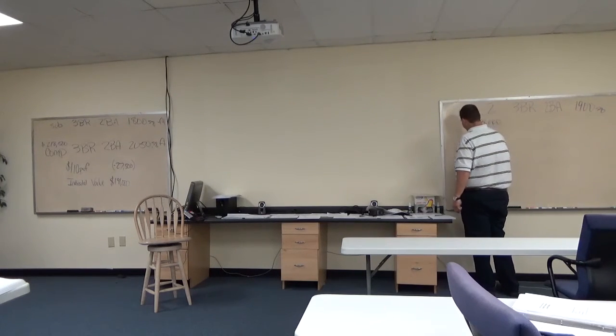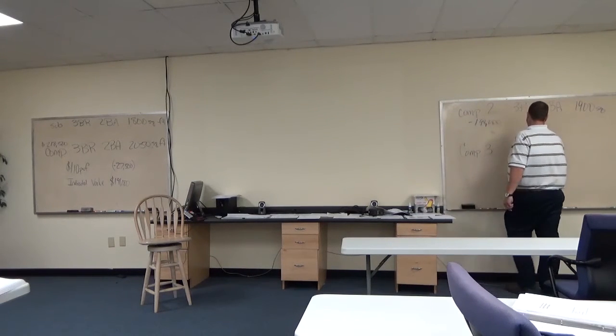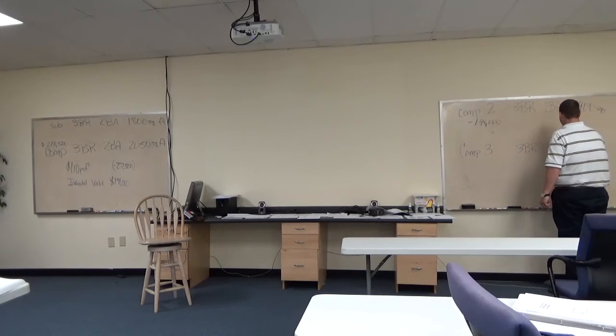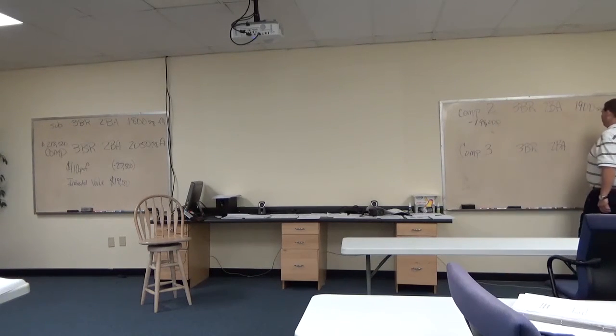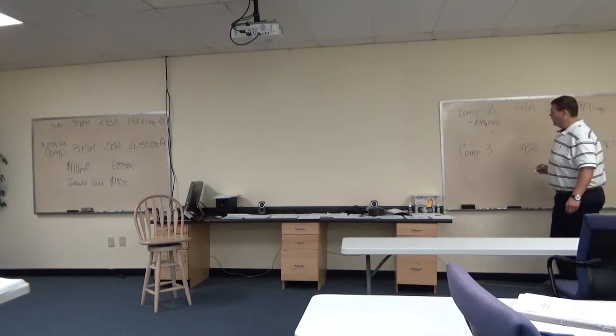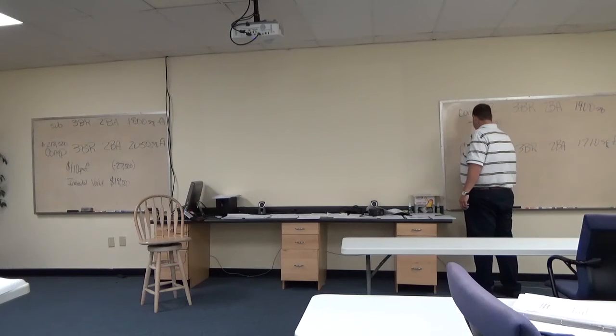And then comp 3 is also 3-bedroom, 2-bath, and it has 1,710 square feet and sold for $189,000.